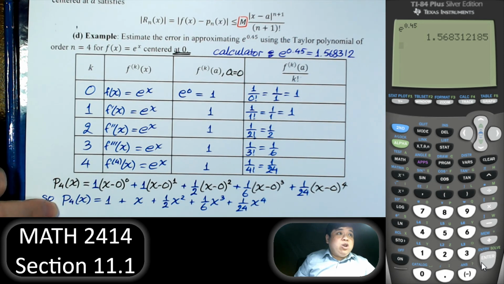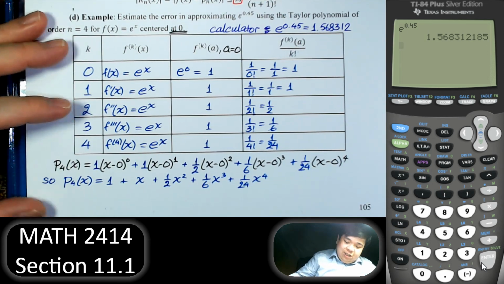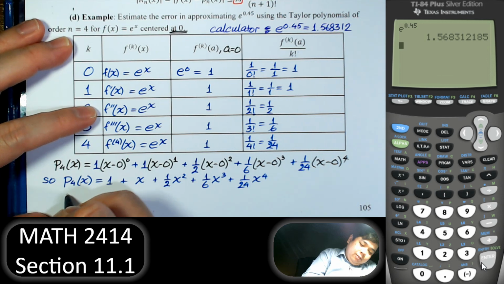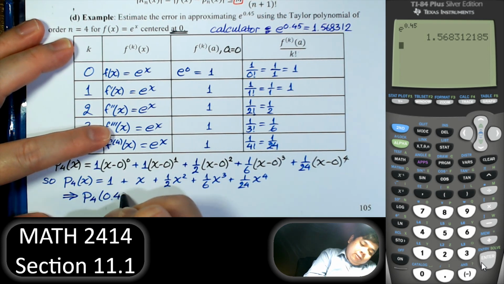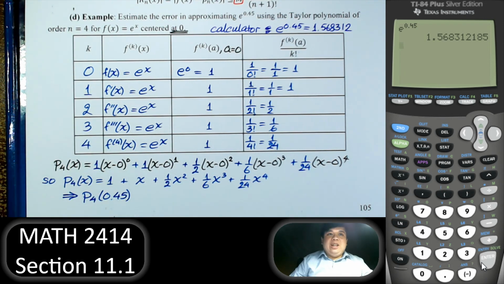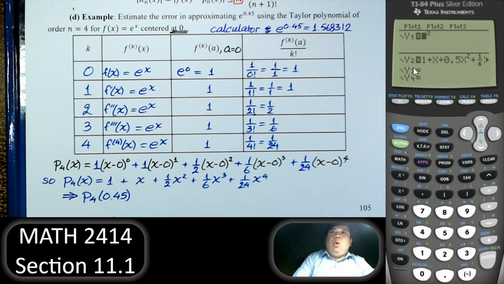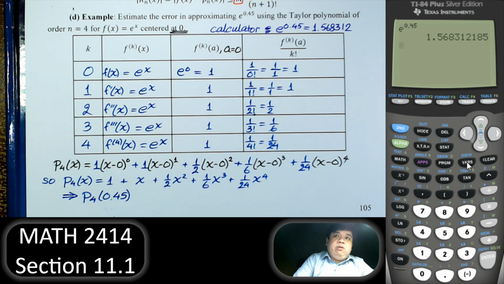Now, if we want to evaluate the polynomial at the same value, the good thing is I already entered that into y2. There are a couple of ways to get to y2. Either we hit the variable, y variable function, that's y2, or if your calculator allows, we hit alpha trace, y2 at 0.45.